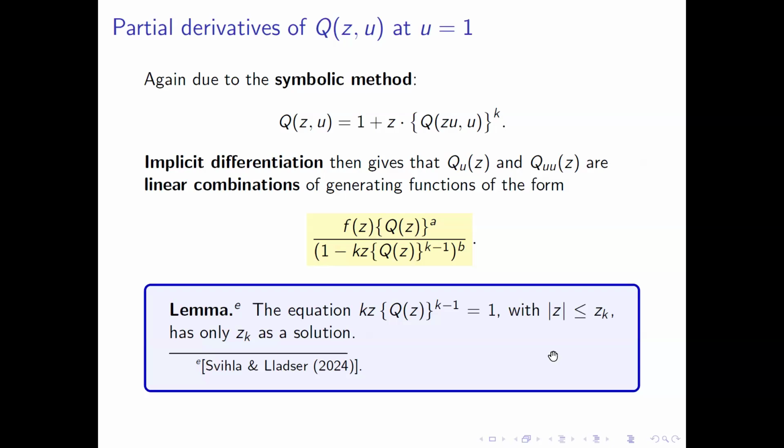So again, from the symbolic method, we have this equation for Q. Using implicit differentiation, we find that the partial derivatives are linear combinations of generating functions of this form, where A, B, and the function f are changing. Those are the parameters in it. We can also see that this generating function has the same singular point zk, and it's also the unique singular point for it.